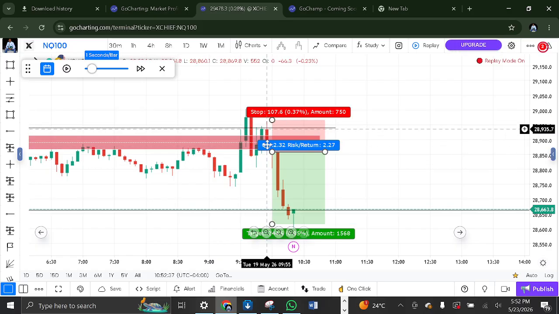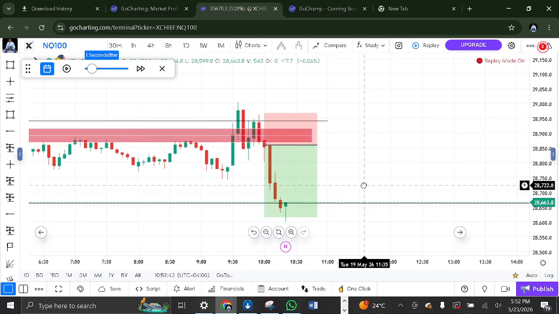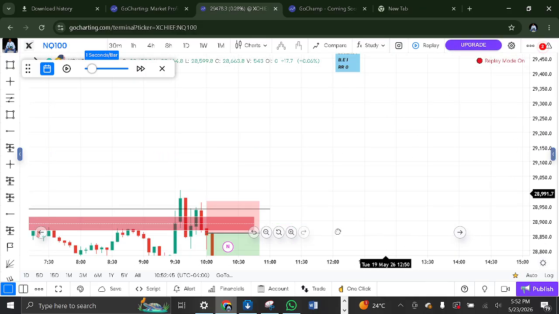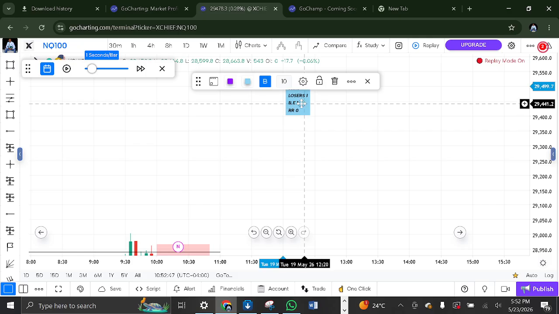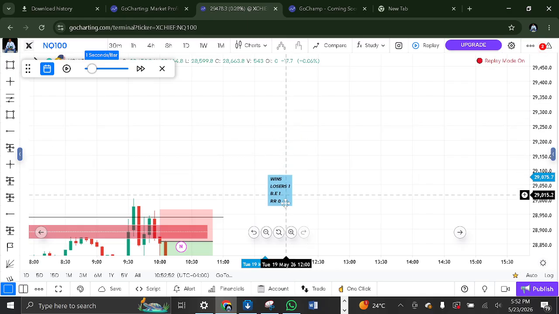But if we had it at around here, below maybe the 50% of this price leg, then I don't think I should have had that as my position. So update this one. Need to update it.